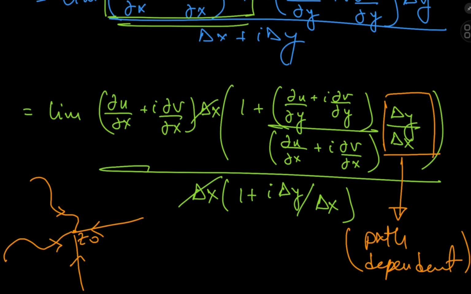We pick a different curve, and we get a different del y by del x. Okay, so that's something that's path dependent, which is something that we don't want. We want the limit, and remember, this entire thing is still the limit of the difference quotient that I'm calling L. We want this thing to be path independent. We want this limit to exist, and we'll call this limit the derivative.